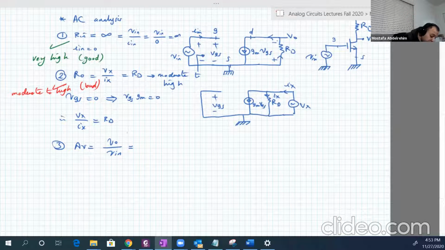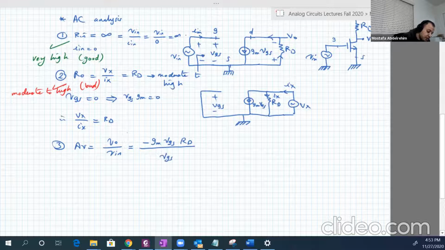So VO is minus gm VGS RD, and the V input is just equal to VGS. Same terminals, so this will give minus gm RD.